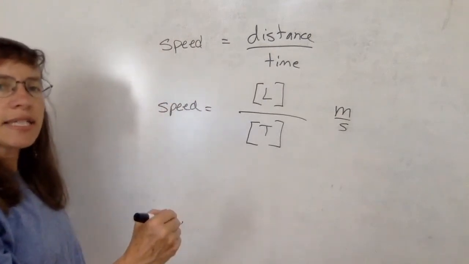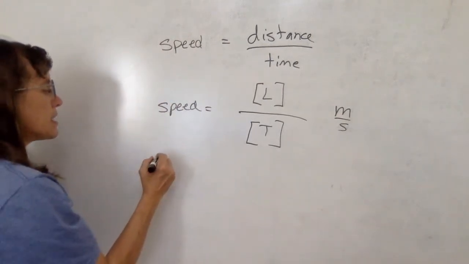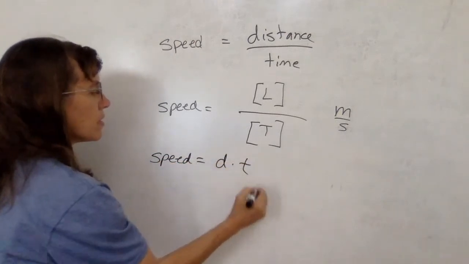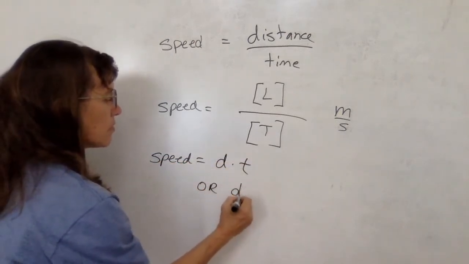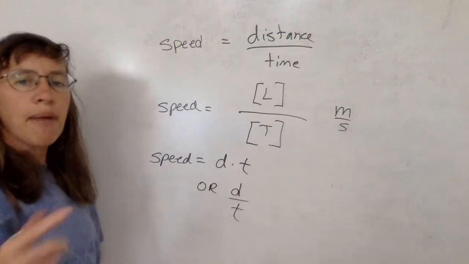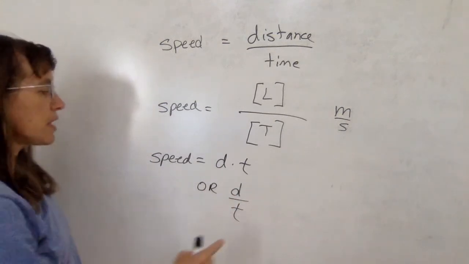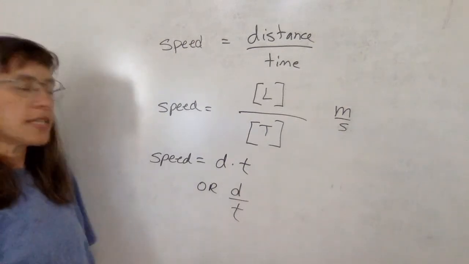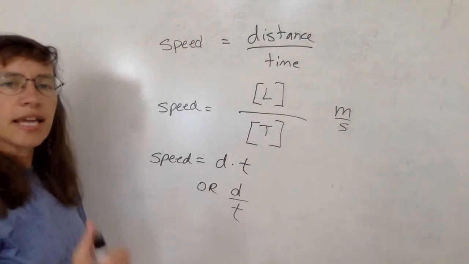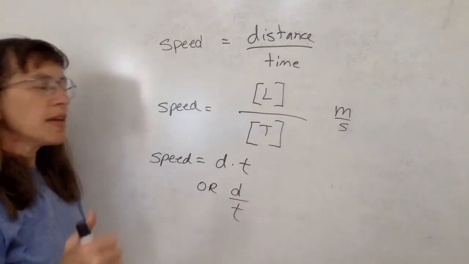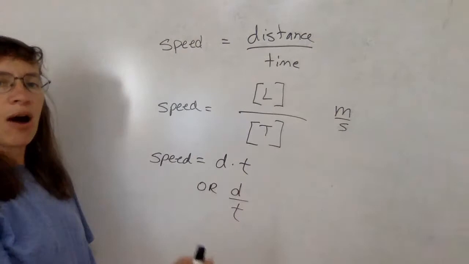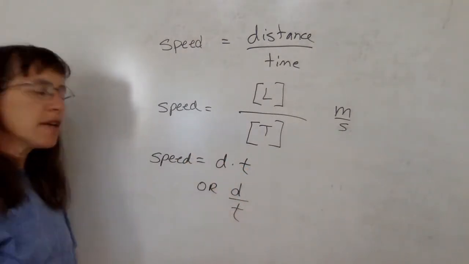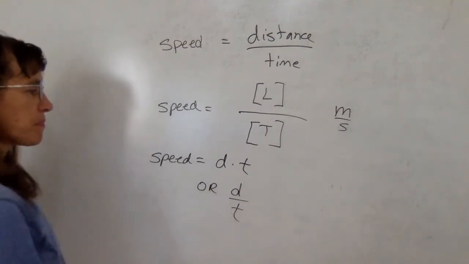And so if you were in a test setting and you said, let's see, does speed equal distance times time or distance over time? Okay, imagine you couldn't remember that. Well, say you were given a distance that that thing traveled, and you were given how long it took it to get there, and you could analyze and say, okay, speed has units of distance per time, miles per hour, distance divided by time. And so which one of these formulas would give you that unit?